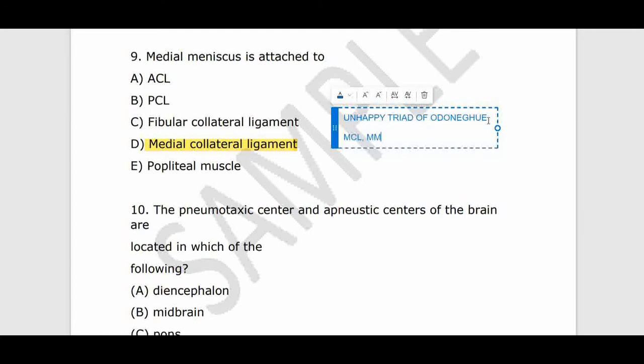Unlike the lateral collateral ligament that is separated from the capsule by the popliteus tendon. Okay, so you have this, and then when you have this plus a ruptured anterior cruciate ligament, this makes up the unhappy triad of O'Donoghue. Forgive me, I really don't know how to pronounce that. So that's that.